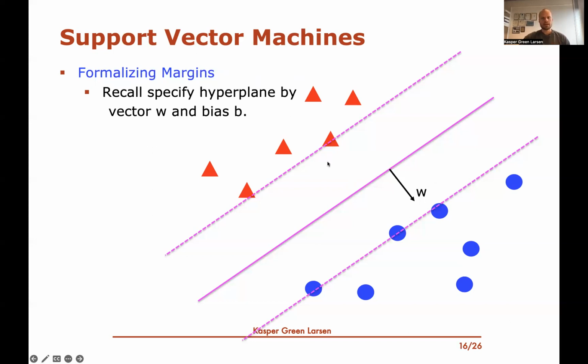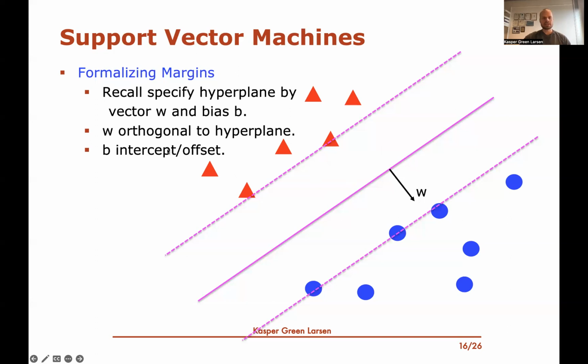To do so, I'll just remind ourselves that when we have a hyperplane, it's specified typically by a normal vector, maybe not normalized to have unit length, a vector w that's orthogonal to the hyperplane, and then also a bias b, where the bias is the offset in some sense from the origin in the direction of w.